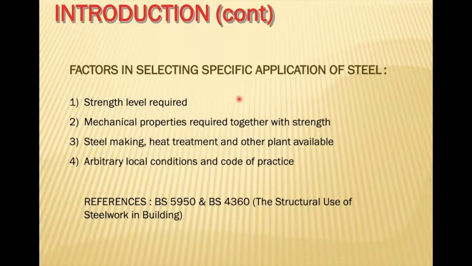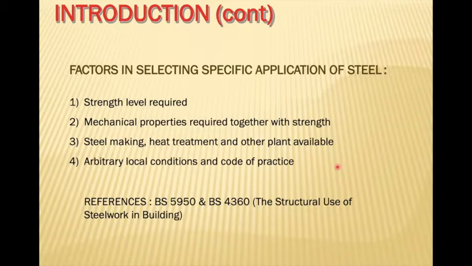The factors in selecting a specific application of steel: we have to look into the strength level required, the mechanical properties required together with strength, the steel making, heat treatment, and other plant available, right? We have to know the manufacturing process as well, and also the local conditions and the code of practice, right?